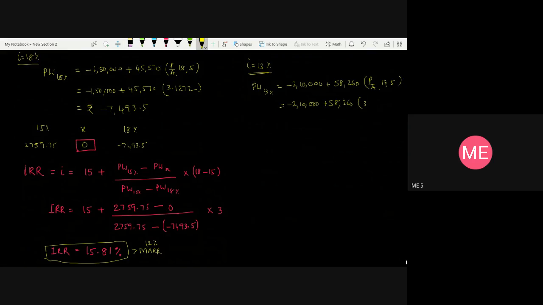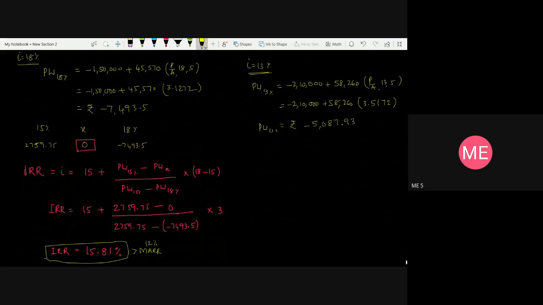The factor from the interest table is 3.5172. So by simplifying this, I'll be getting rupees minus 5,087.93. So this is the present worth which has the negative value, right? So in between 12 and 13, the present worth is going to be 0.